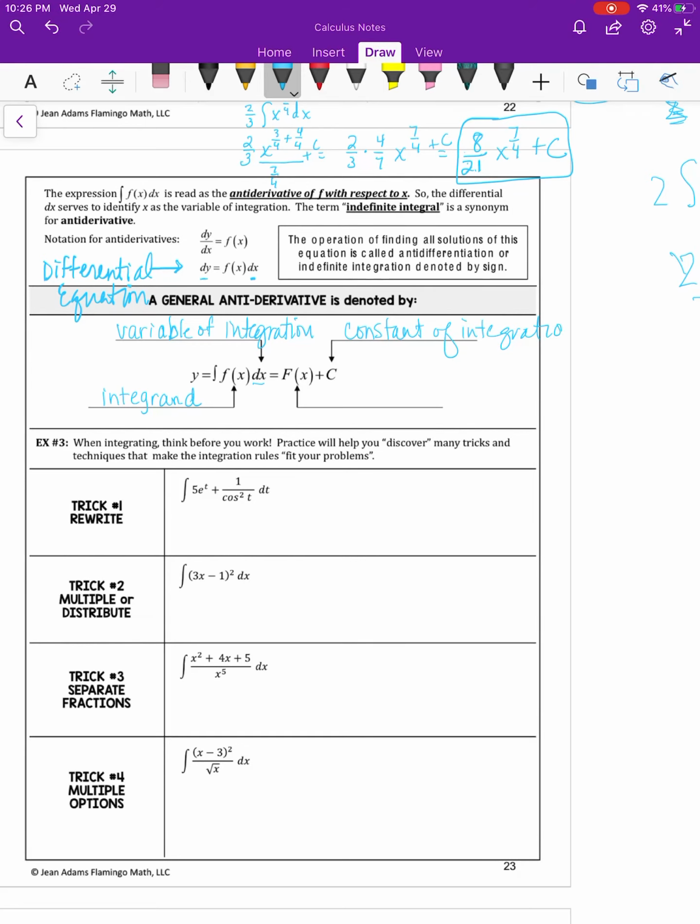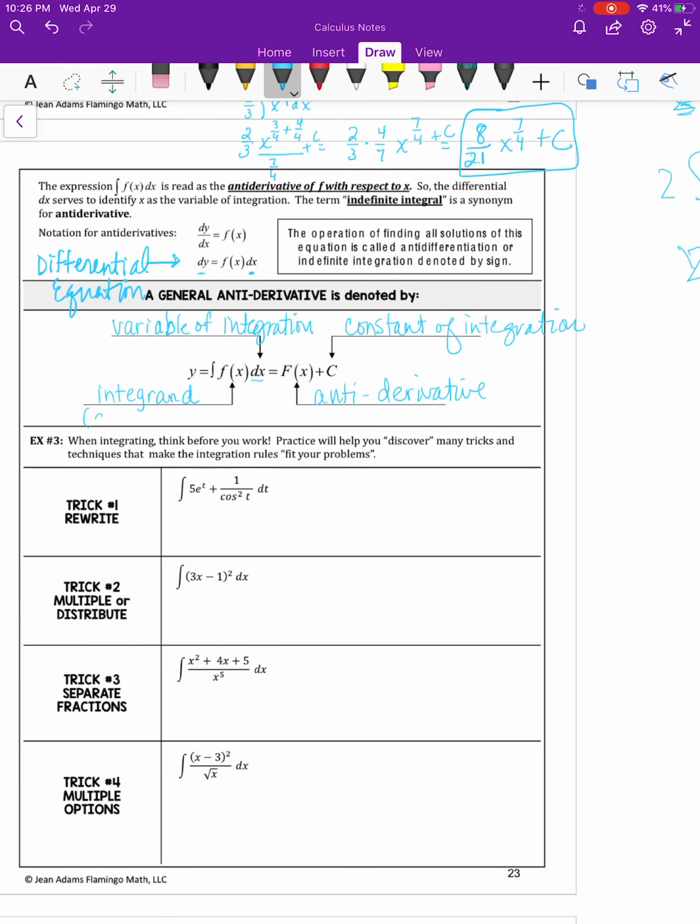C is my constant of integration. And this capital F of x is my antiderivative. The integrand is basically your derivative, right? I'll put that in parentheses because that's what you want to think of. If this is my derivative, what was my original function? And your original function is your antiderivative, okay?